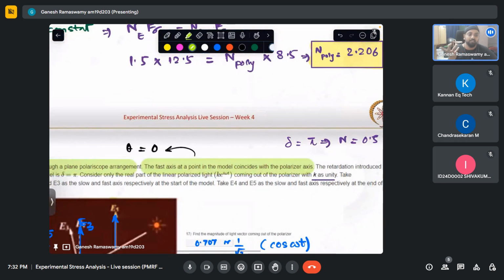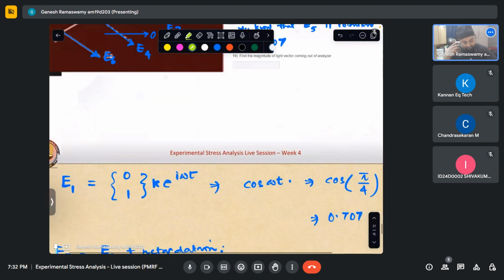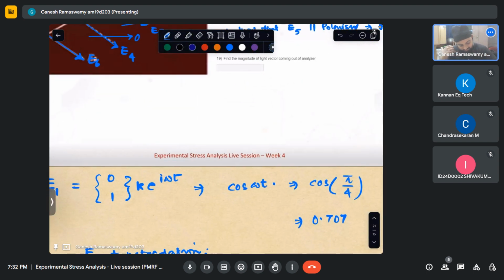There will be no light coming towards me. Hence, this is 0. I hope that is clear. So even with the knowledge of our plane polariscope and isoclinics, we can see that the light that will come out will be 0 because this point specifically sits on an isoclinic fringe. So I hope this is clear.